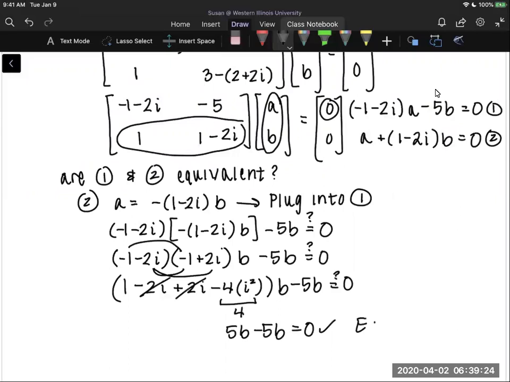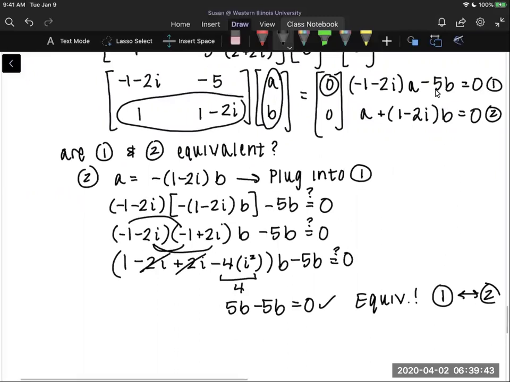All right, so all this is showing is that equations 1 and 2, while they do look quite a bit different because of these complex numbers, are equivalent. When we plug one into the other, we get 0 equals 0, which means it's an equivalent system.